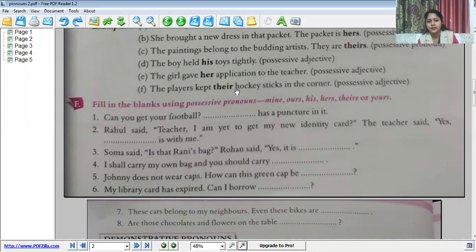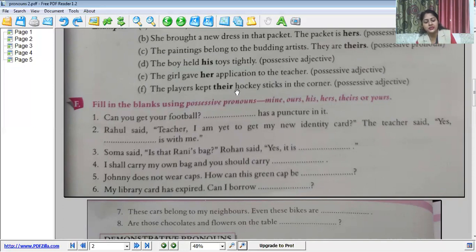Okay? Soma said, is that Rani's bag? That's a question. Rohan said, yes, it is hers. It belongs to Rani. Okay? I shall carry my own bag. You should carry yours.